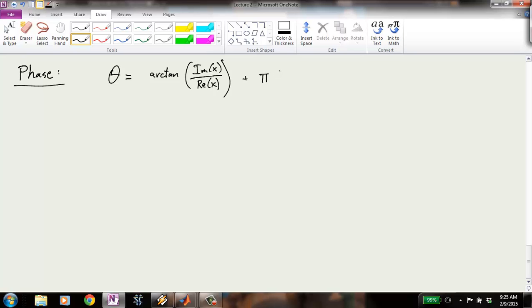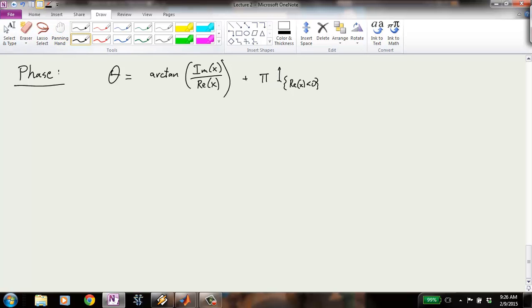Okay, so we use this notation of 1. That's an indicator function. It says only do this if the following statement is true. If the real part of x is less than 0, then this becomes a 1. Otherwise, it's 0. So what this is saying is, if the real part of x is negative, you better add pi to make this correct.